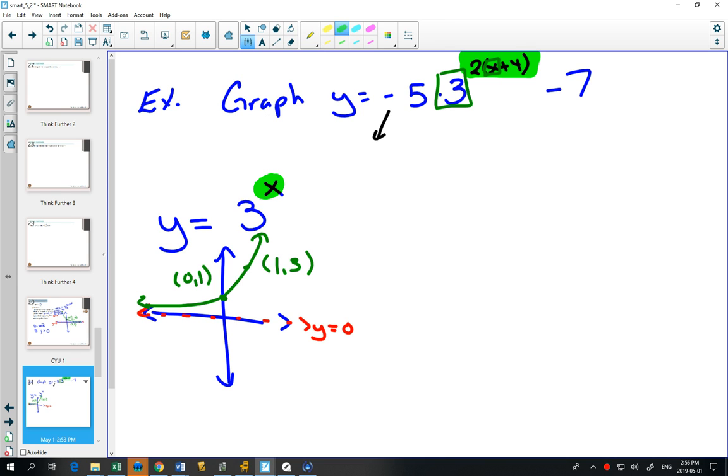So wherever the x was originally is the exponent. I strategically highlighted my entire exponent in green to help you see that that entire exponent is going to be all of your horizontal translations. So that negative is not in the exponent, it's outside the function. That's going to be a vertical reflection.